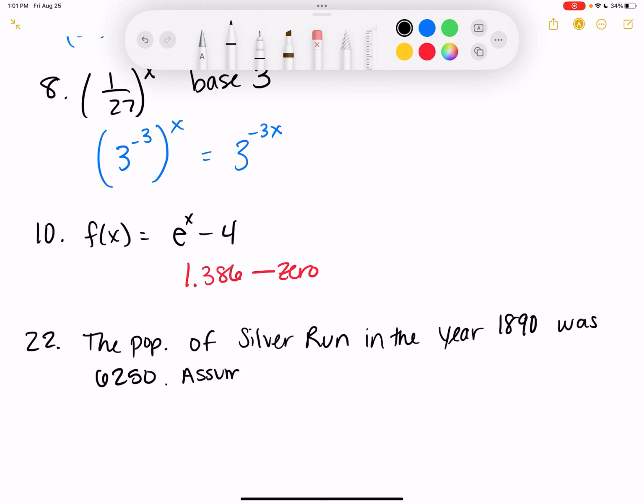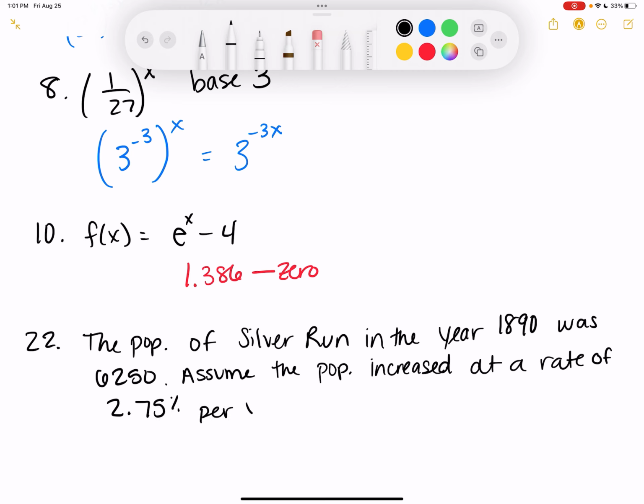Assume the population increased at a rate of 2.75% per year.